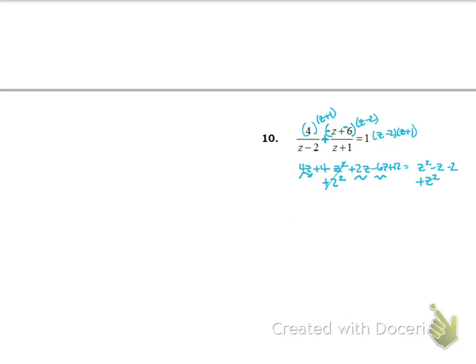So 4 plus 2 is 6 minus 6. They all cancel. So then I really just have 4 plus 12, which is 16, is equal to, I added that z squared over. I'm going to subtract that 16 over there. So 2z squared minus z minus 18.